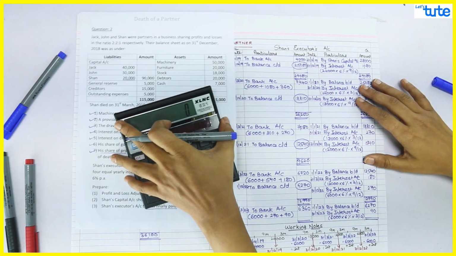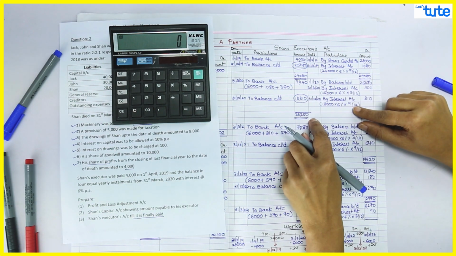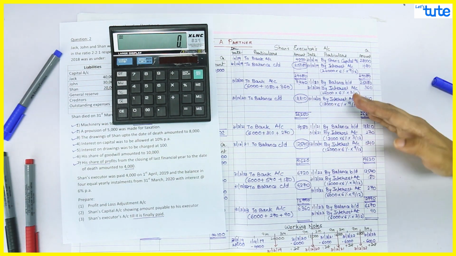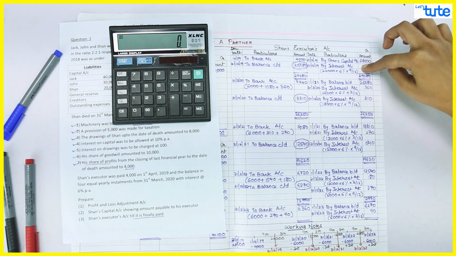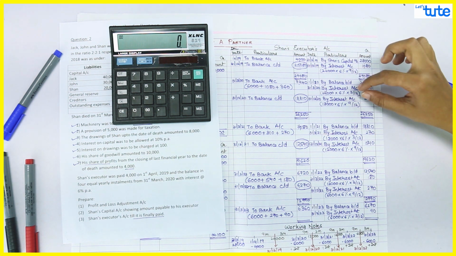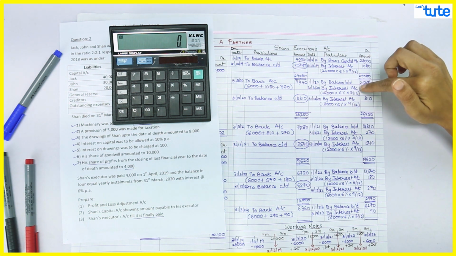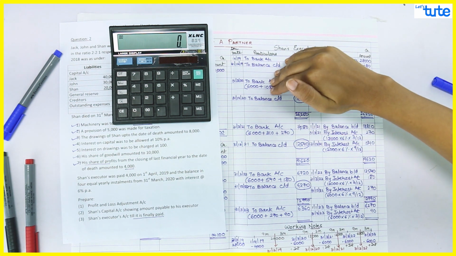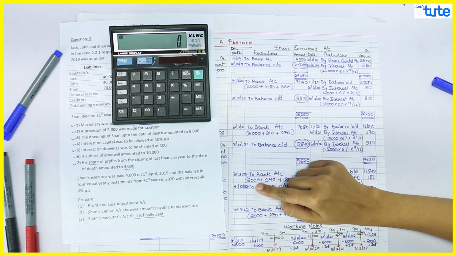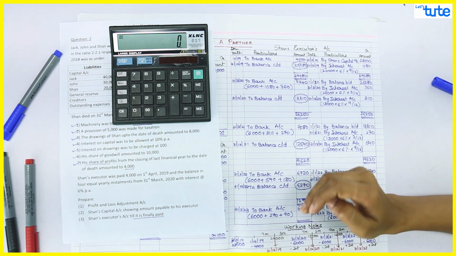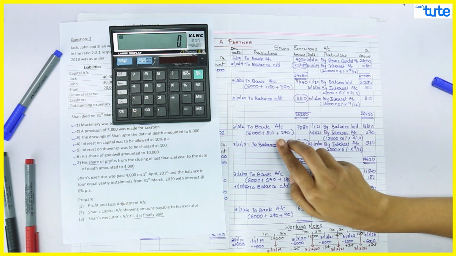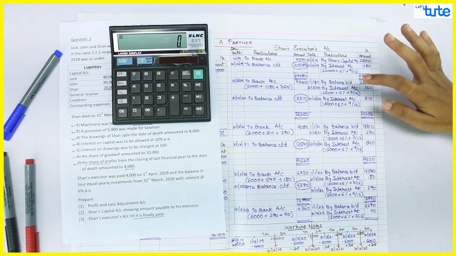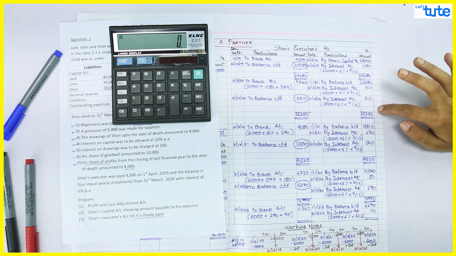So that's it. Once you know how the calculation is to be done, then it is the same year by year. First we need to accrue the interest, then on the date of installment you need to book the interest for that remaining 3 months, and pay the installment. Installment will be the principal amount of 6,000 equally that they have specified in the question, plus interest accrued for 12 months. Again accrue the interest for 9 months.